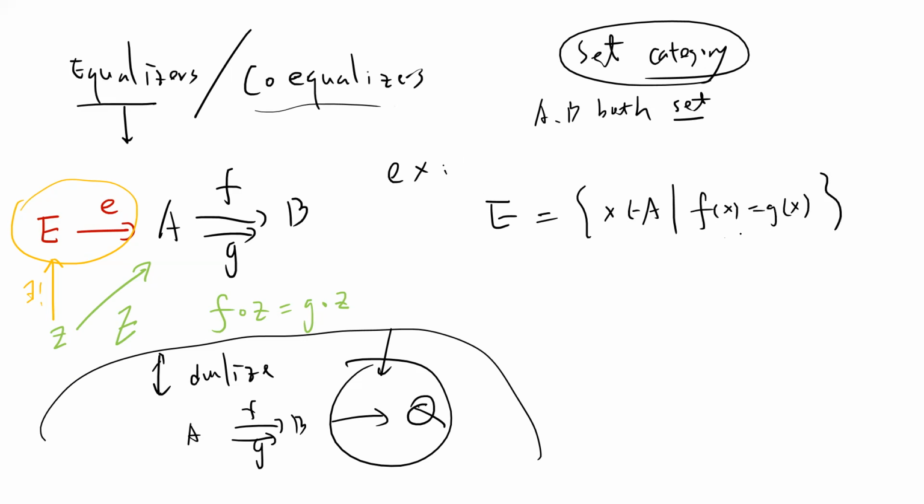So this is simple: E can be viewed as a subobject of A. E is a monomorphism, and the map is just the inclusion. So this is the equalizer, and in this case it's very intuitive.